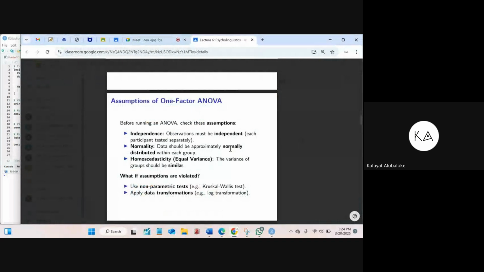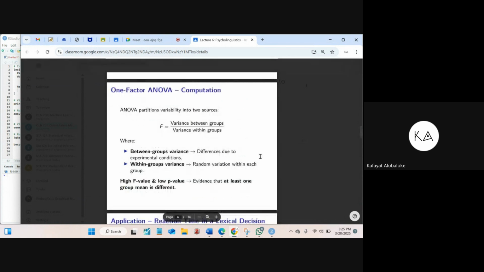Like I mentioned in the last class, we have parametric tests and we have non-parametric tests. A good example of a non-parametric test is Kruskal-Wallis, Mann-Whitney. We mentioned that in the last class as well. But we only use that when the assumptions above are violated. Also, we can apply data transformation, a good example is the log transformation.